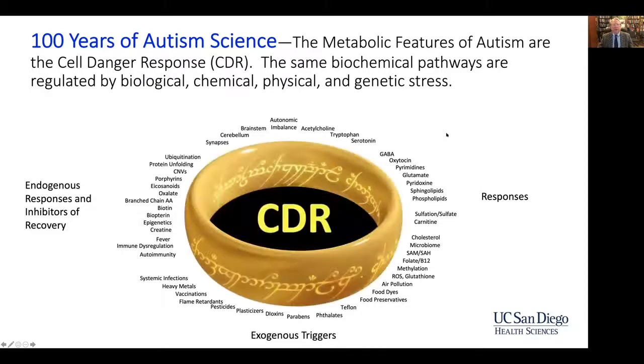So one way to think about this, if you look at all the different kinds of responses in terms of neurotransmitters like tryptophan, serotonin, GABA, oxytocin, and then some of the exogenous environmental chemicals like Teflons and food preservatives, phthalates, dioxins, parabens, and then some of the endogenous responses that have to do with methylation changes, porphyrins, eicosanoids, oxalates, that change ultimately the structure of brain synapses and the cerebellum and the brainstem. Those are all connected by the features that we call the cell danger response.